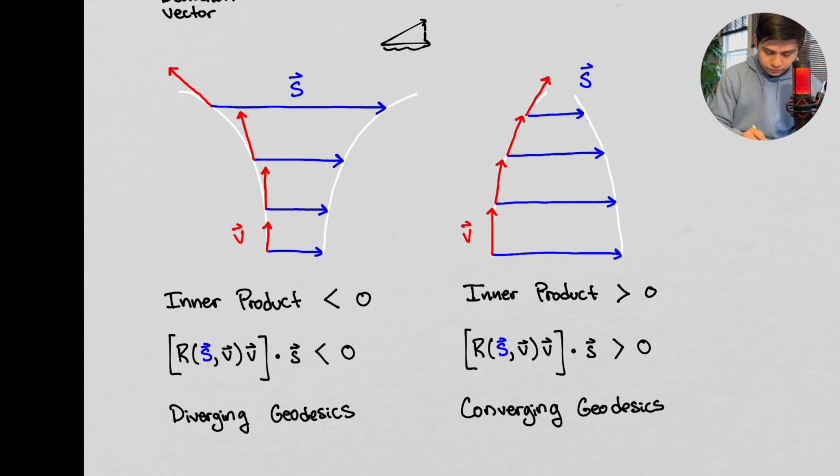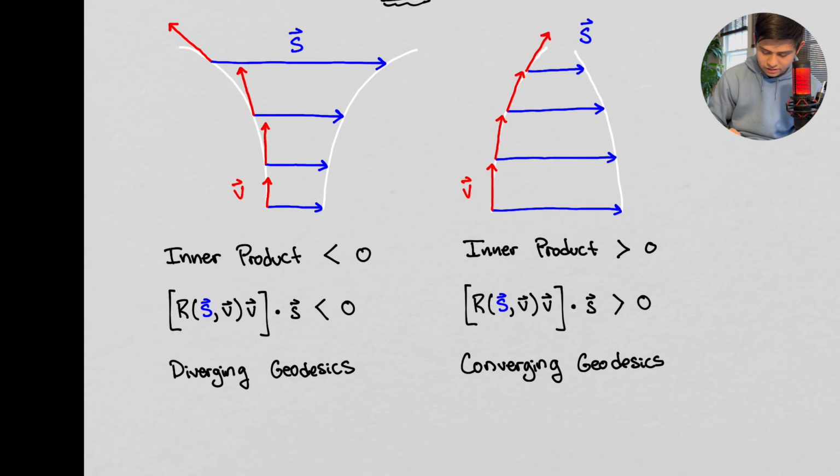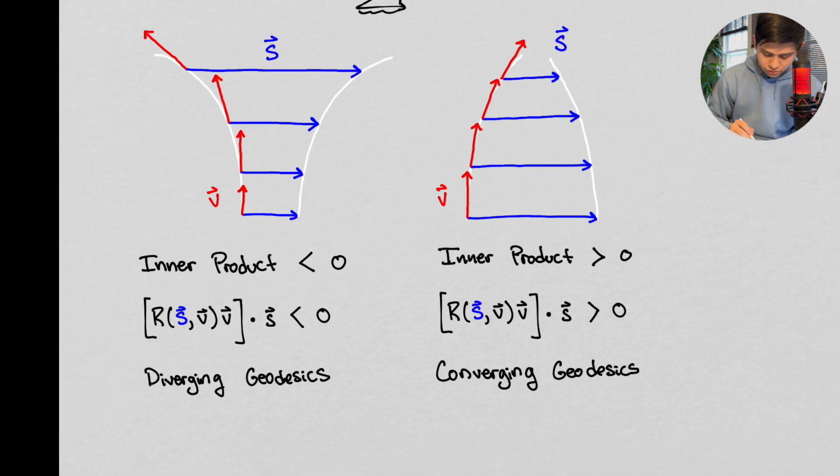And so the inner product here is less than 0. The inner product here is greater than 0 for converging geodesics. So for diverging geodesics, this inner product between these two is less than 0, and here it gets greater than 0.